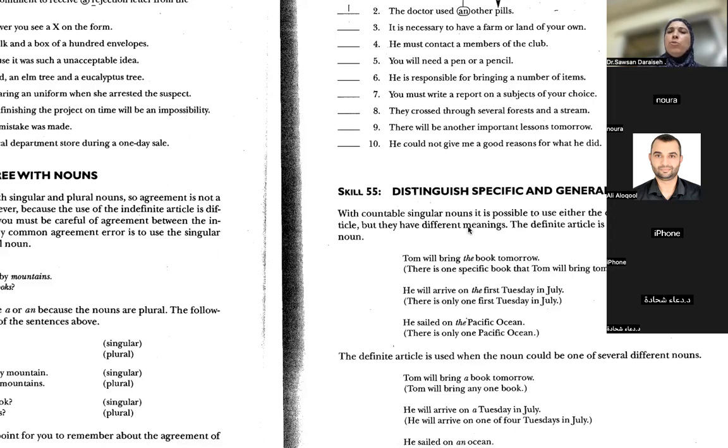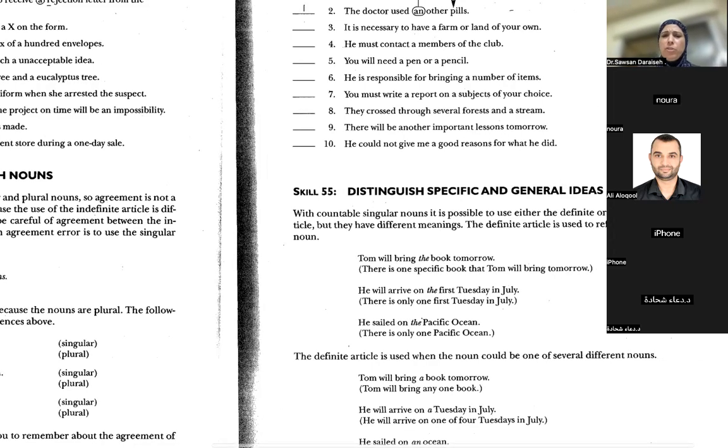So whenever we talk about specifics, we are talking about the, which is the definite article. Whenever we talk about things in general, we talk about any, this or that, or whichever, like a and an, or no article. That means things in general.